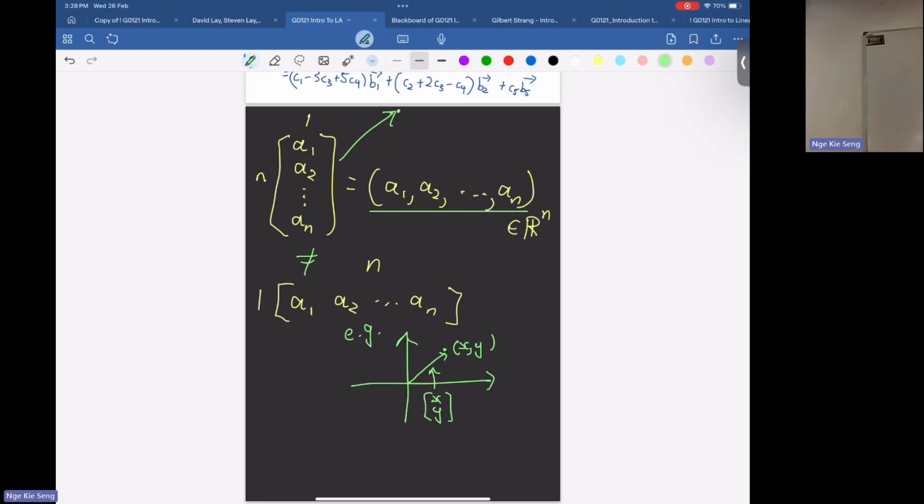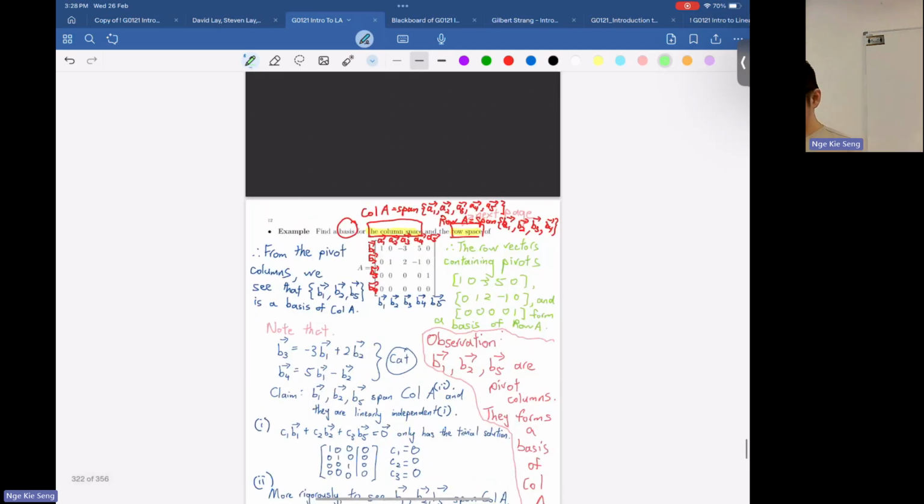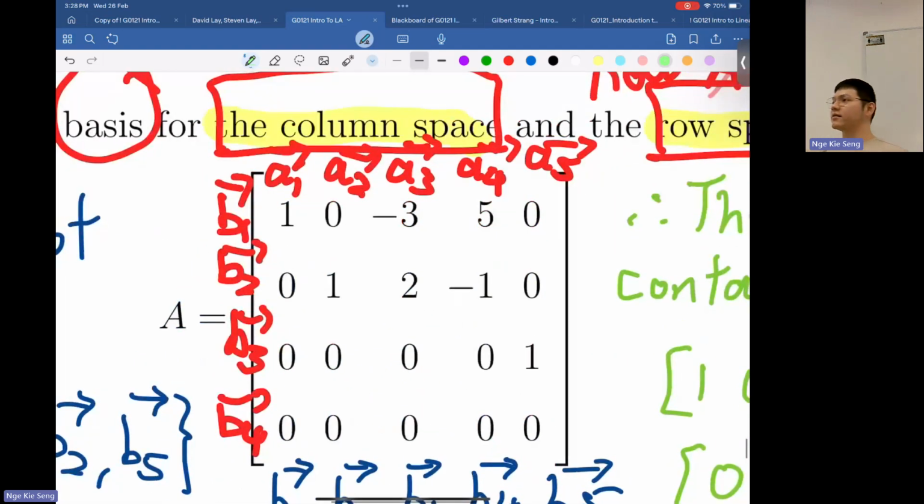So usually there's one thing I want you to notice here. Usually, row space and column space live in different spaces. Correct or not? Because you see, where does this row space live?